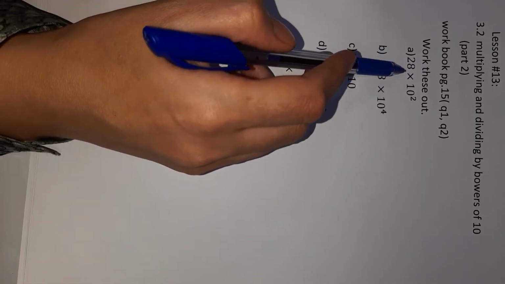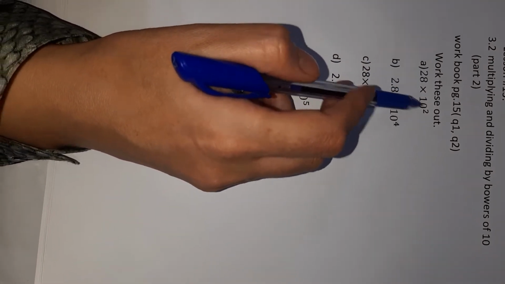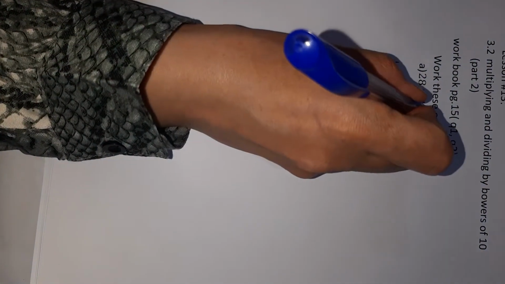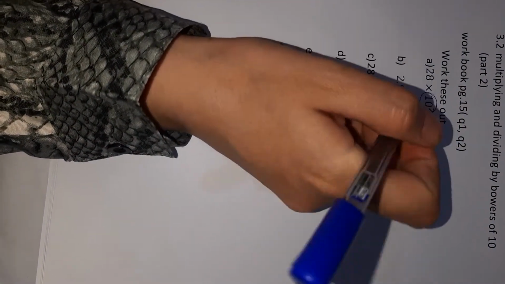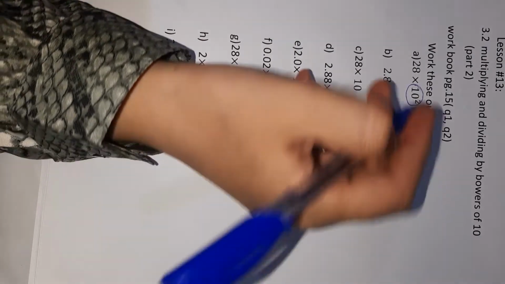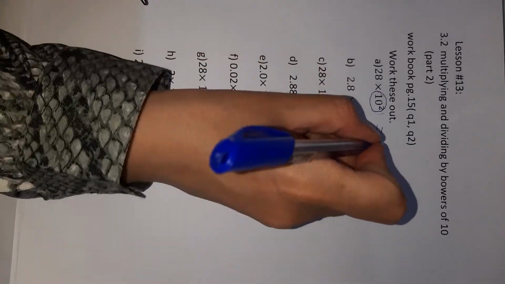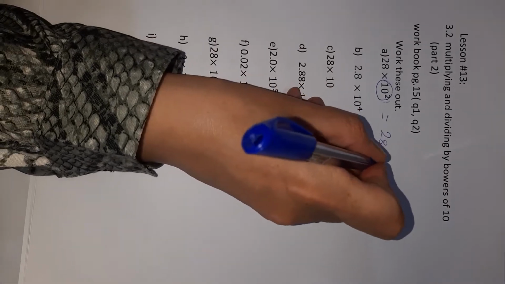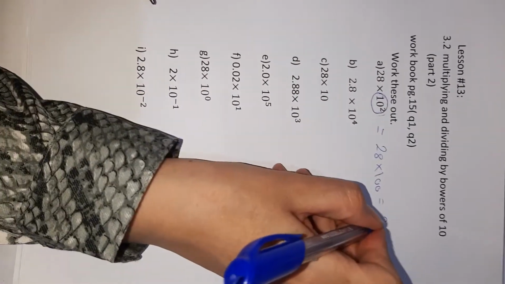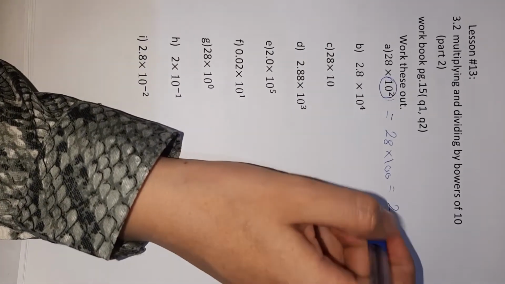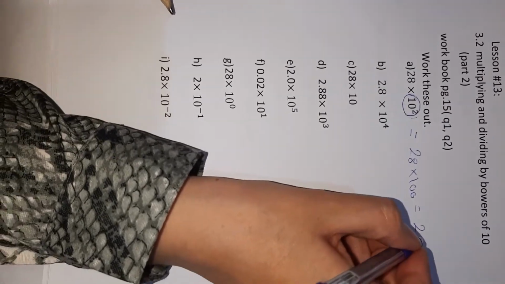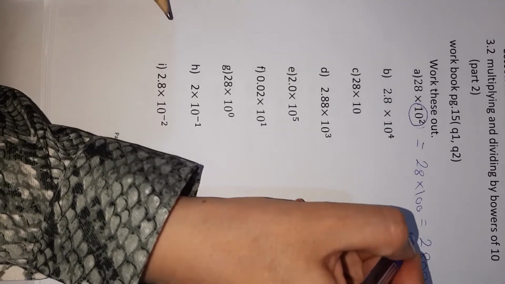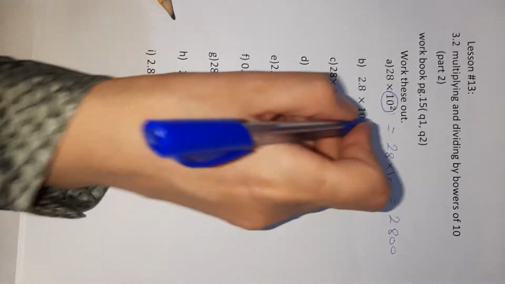28 times 10 squared. It means here replace 10 squared by 100, since 10 squared means 10 times 10. So here the question becomes 28 times 100. So here work out the answer, 2800.